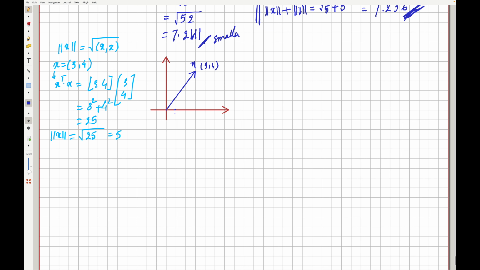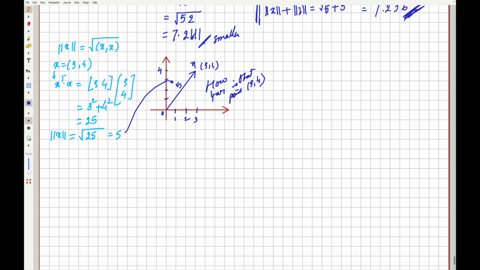Then this norm, which is the length of the vector x, is also telling us how far the point 3, 4 is from the origin. It's exactly the distance between the origin and the point 3, 4.